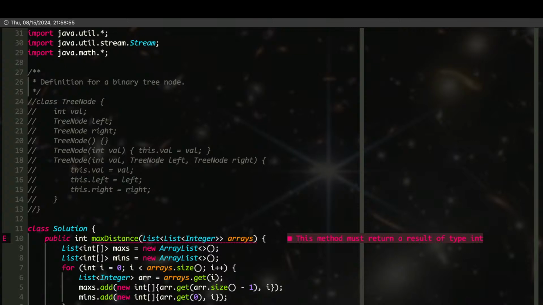Alright, so now we sort them, and then we'll have int res equal to 0. And then we're gonna fix min and go through max. So min we have fixed, right?